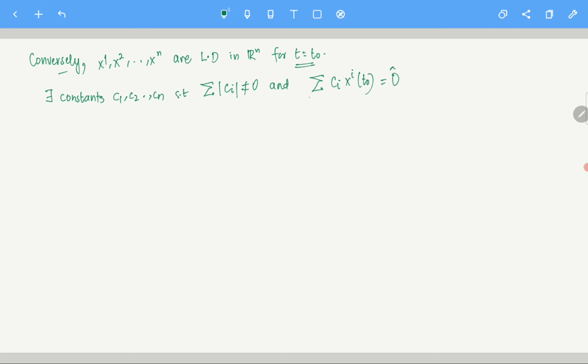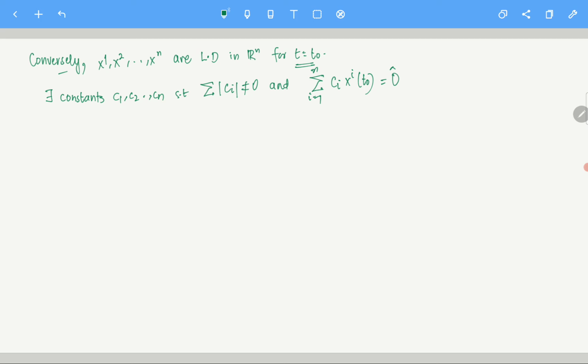Clear? Now this is a bunch of numbers c1, c2, ..., cn such that at least one of them is non-zero, right?